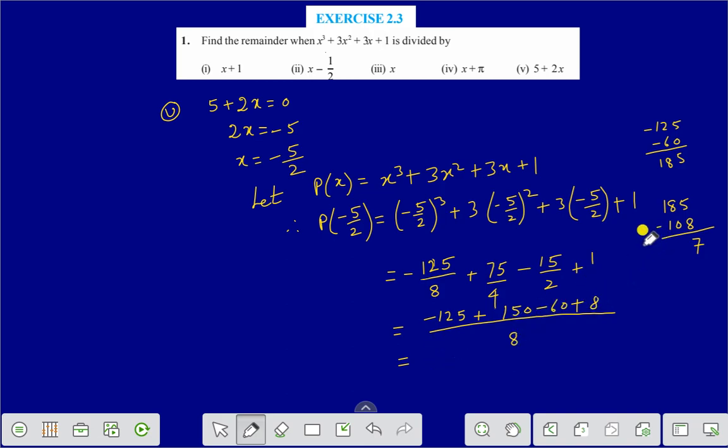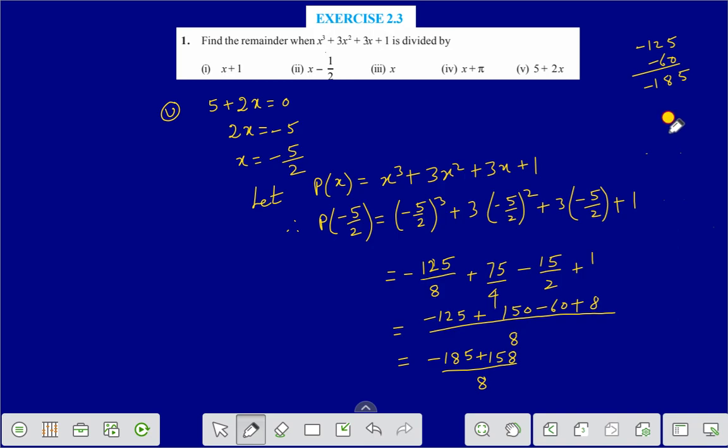Therefore, we are getting minus 125 minus 60, which is minus 185, plus 150 plus 8, that is 158, over 8.